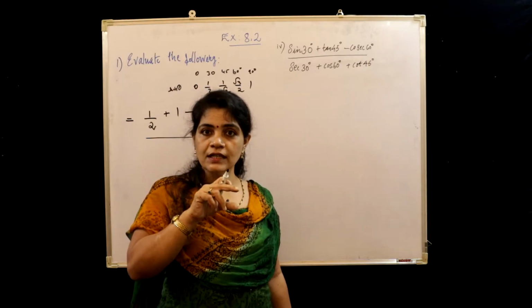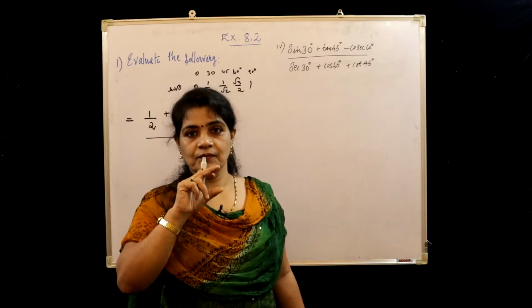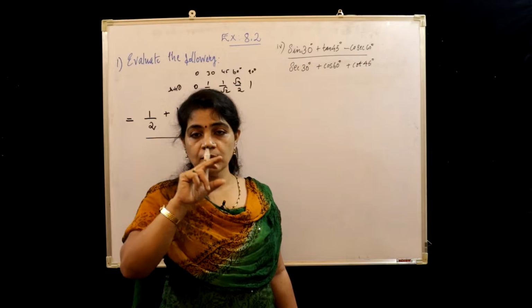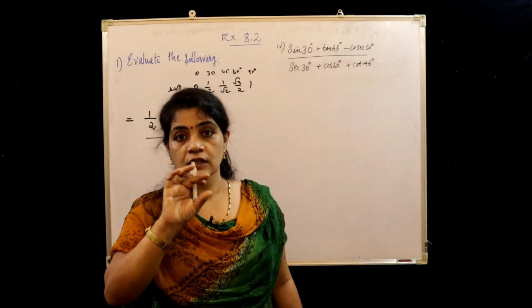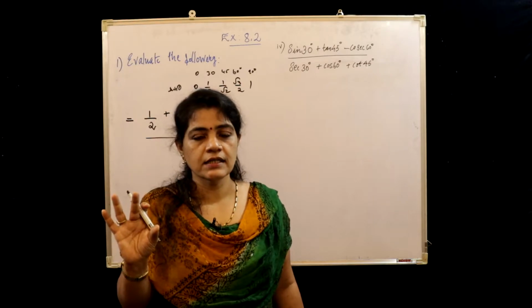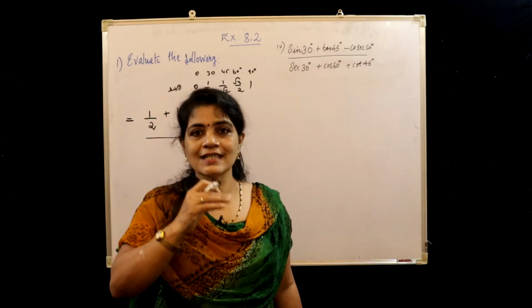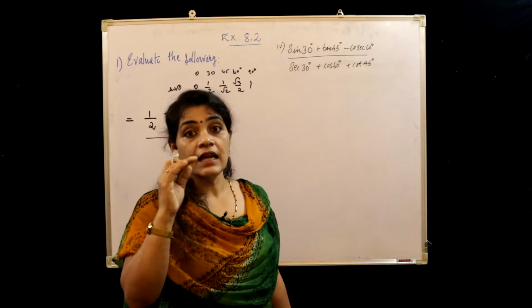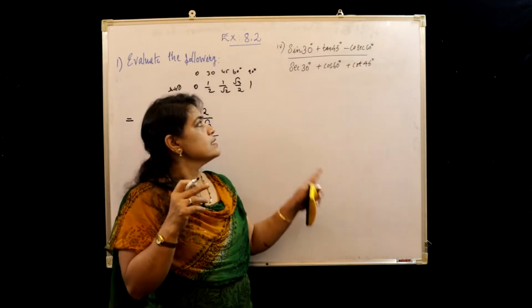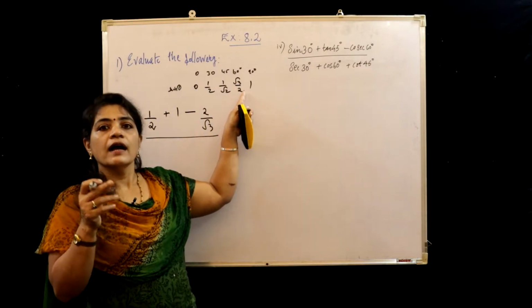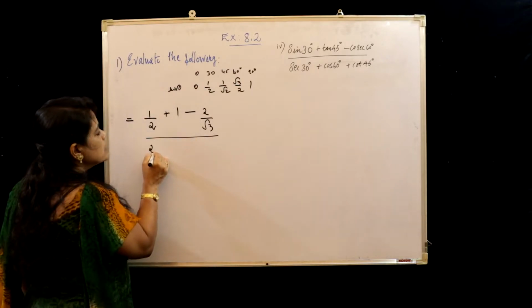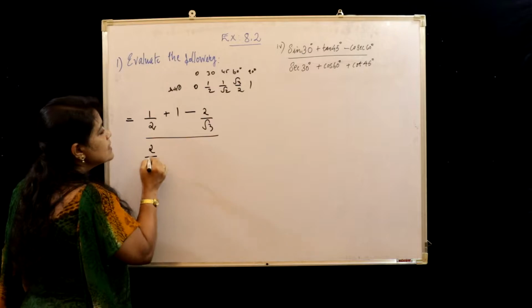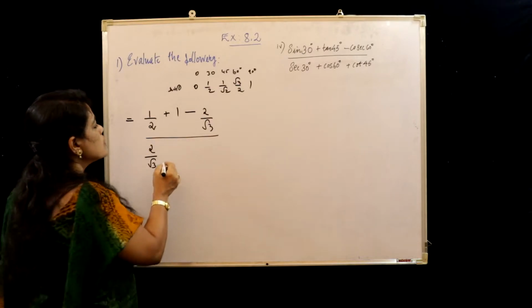What is cos 30? It is sine 60, because they are complementary to each other: 30 plus 60 is 90. Is it clear, children? The complement of cos is sine. So cos 30 is sine 60, which is root 3 by 2, and its reciprocal is 2 by root 3. So 2 by root 3 for sec 30.